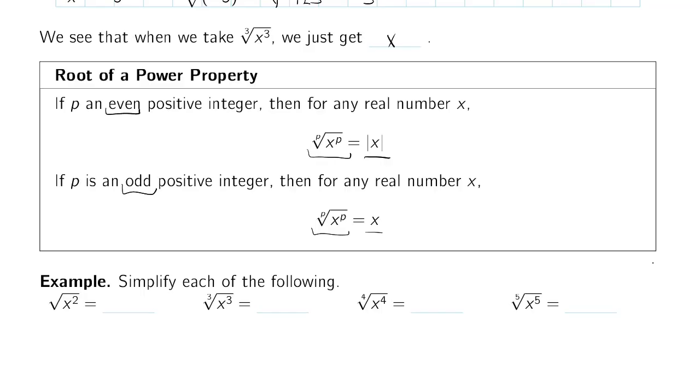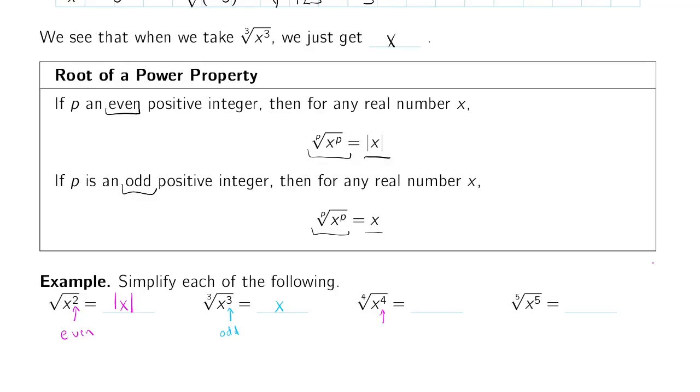So for example, 2 is even. So if we take x squared and take the square root, that's the absolute value of x. 3 is odd. So if we take x to the third and then take the cube root, we just get x back without the absolute value. 4 is even.